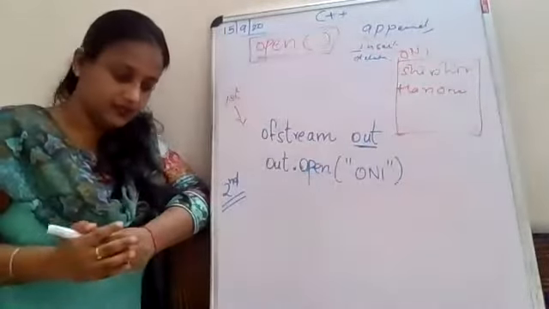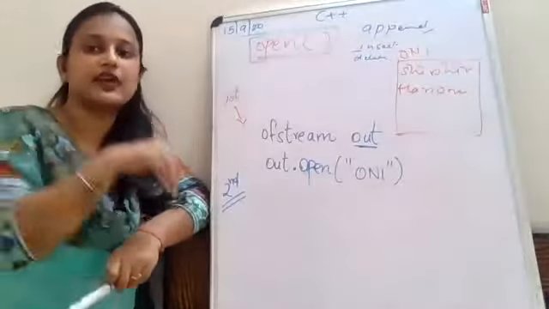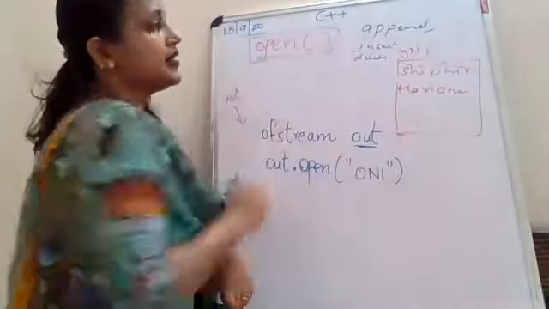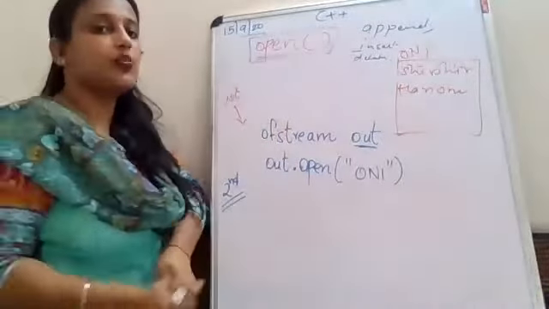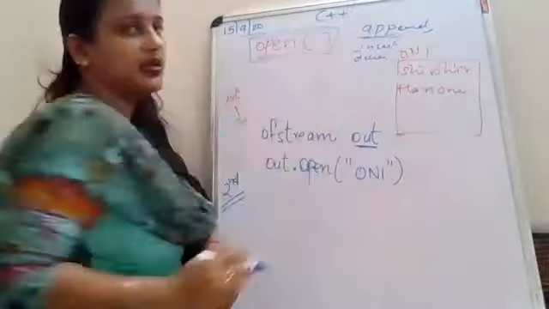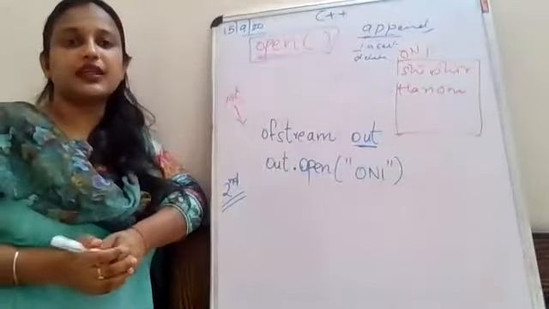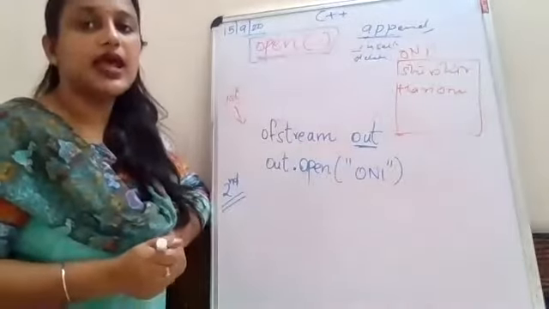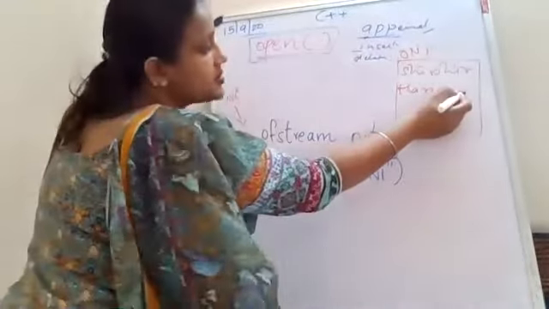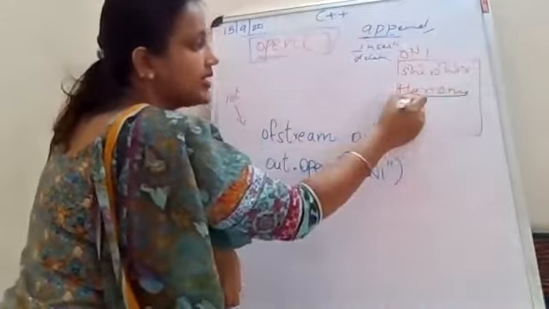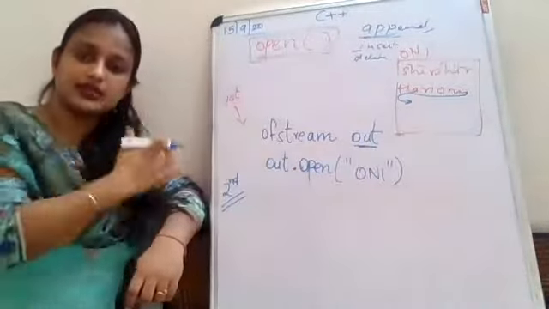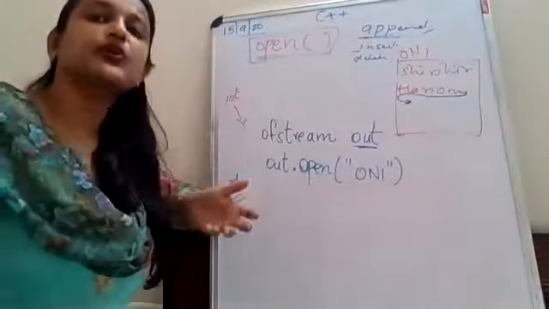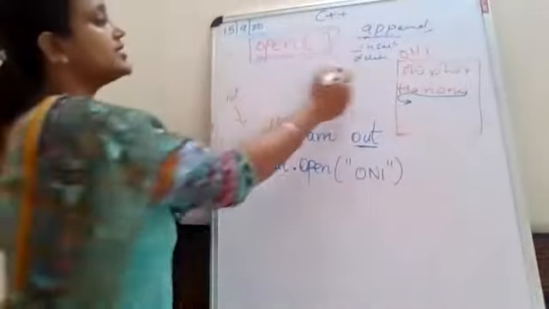Insert means you can insert the data anywhere in between, like between Shishir and Hariom I can insert data. But when I open the file in append mode, you can edit the data only at the end of the file. That means right after where Hariom ends, I can append, that is add, data. So in which mode you want to open the file, there is also known as in mode.